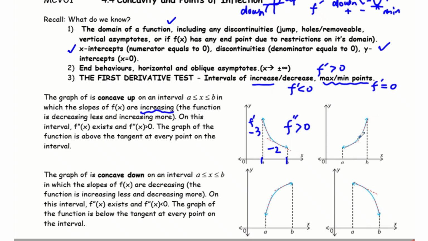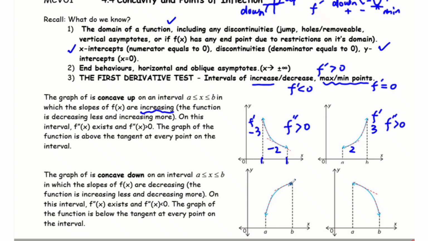And the same thing here. This is a positive slope. Here it is less steep, here maybe steeper. So from 2 to 3 the slope is increasing, so the slope of f prime is positive.